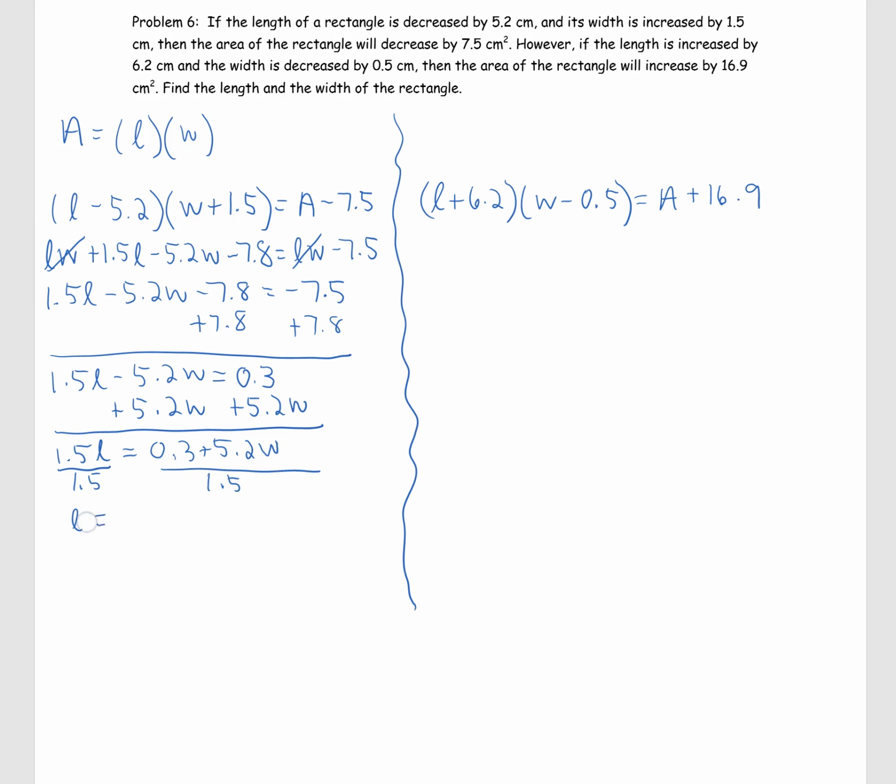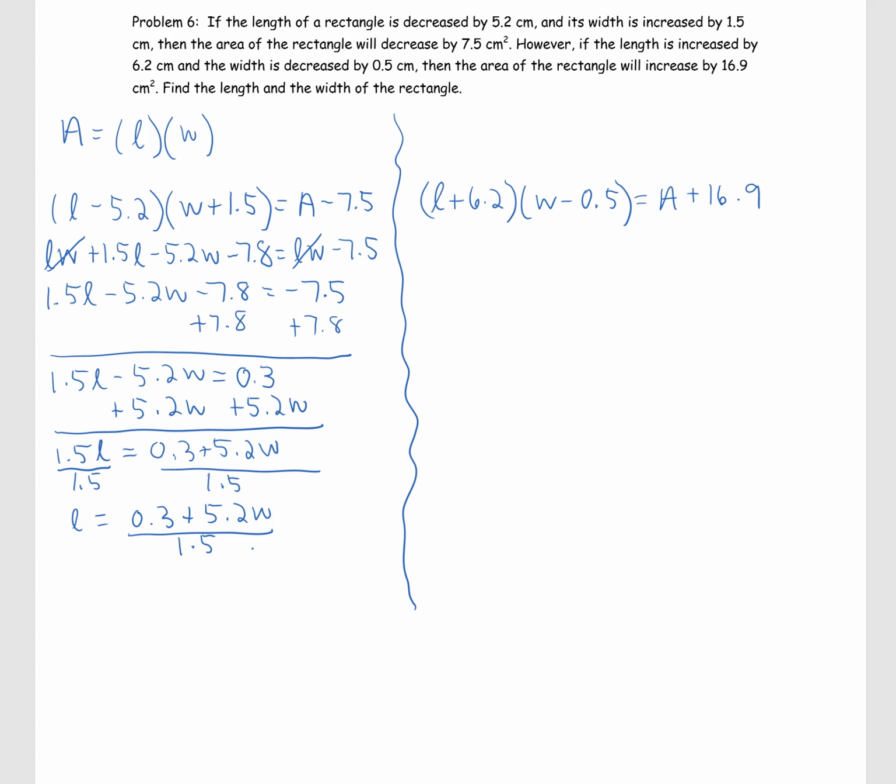And this gives me L is equal to 0.3 plus 5.2 W over 1.5. So now I have my variable L in terms of W. And what I can do is plug this in for L in this equation here.